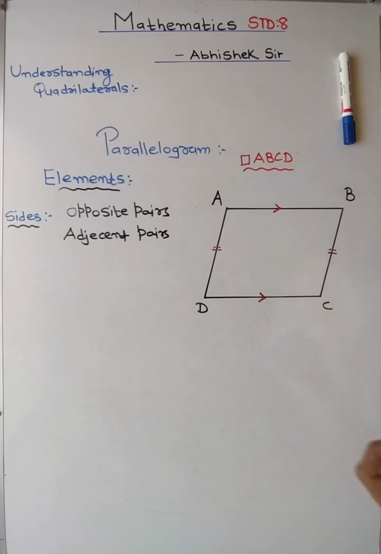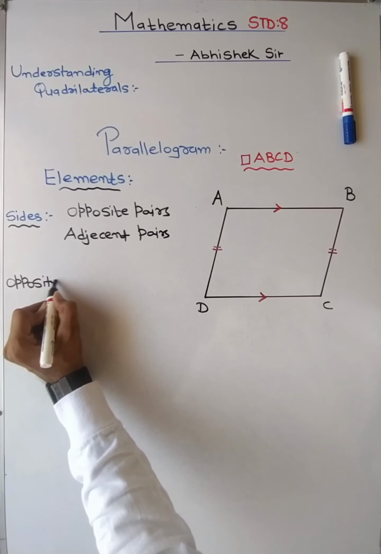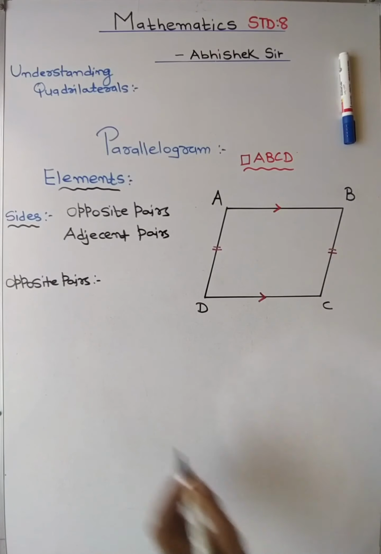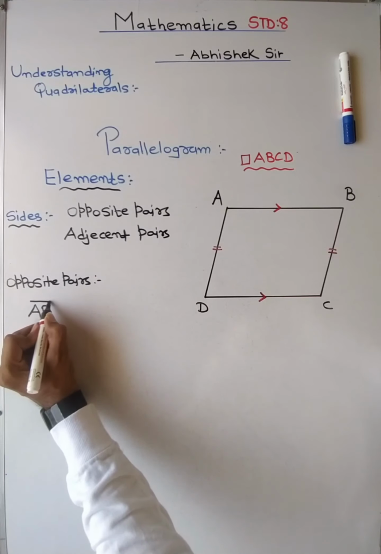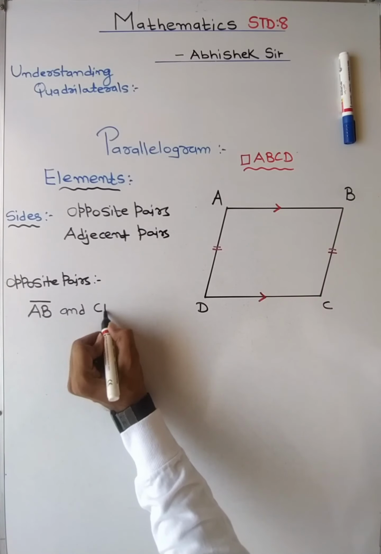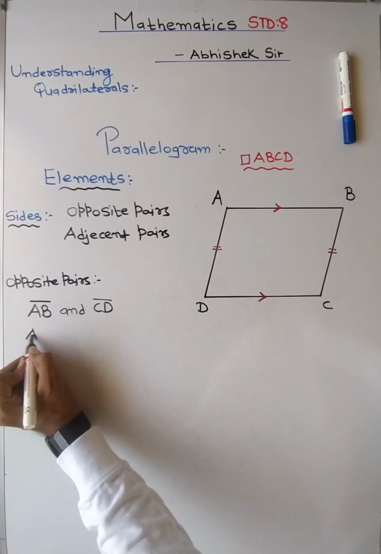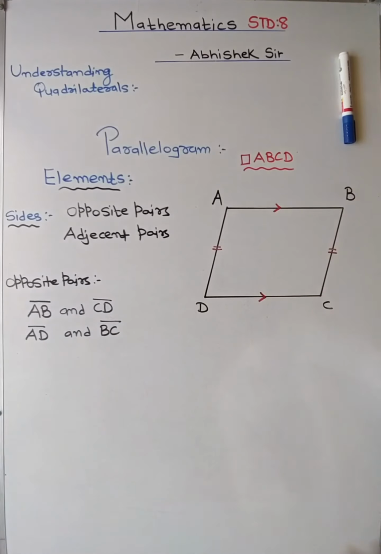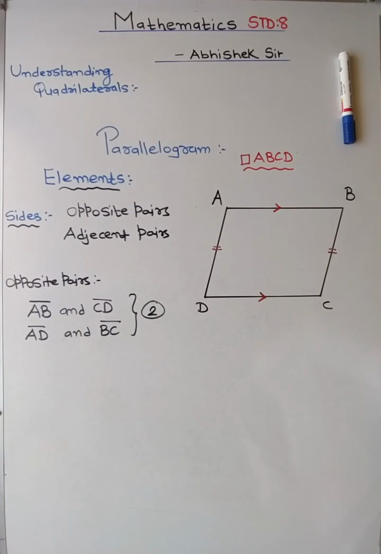So if we talk about opposite pairs, we can write opposite pairs like this: AB, and a side is a line segment, so AB and CD. Clear? AB and CD. Another pair will be AD and BC. Clear? So we have only two pairs of opposite sides.